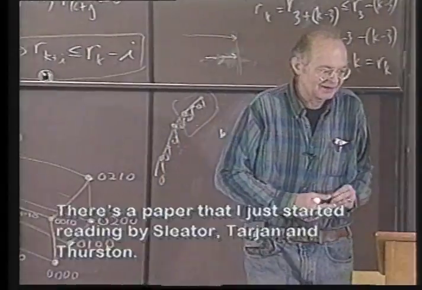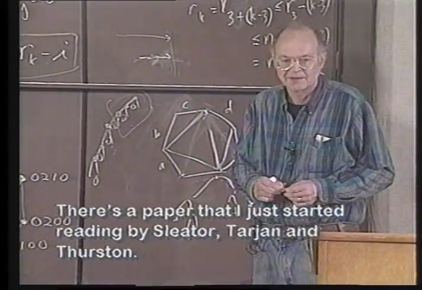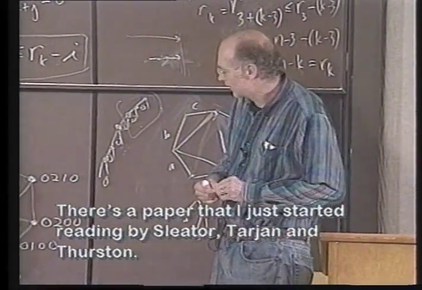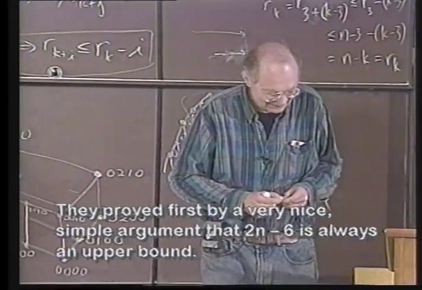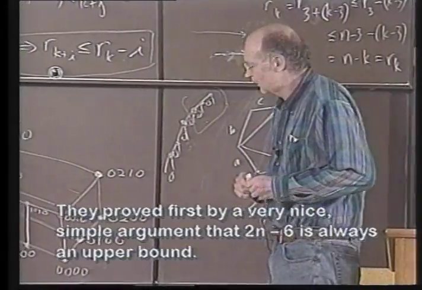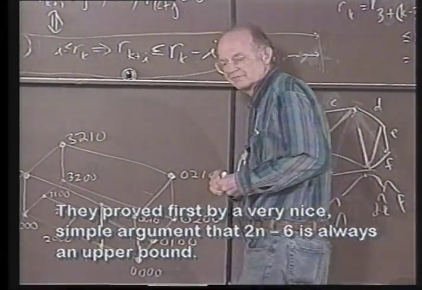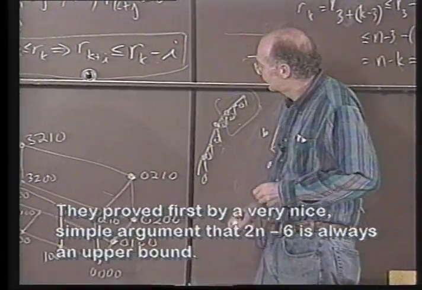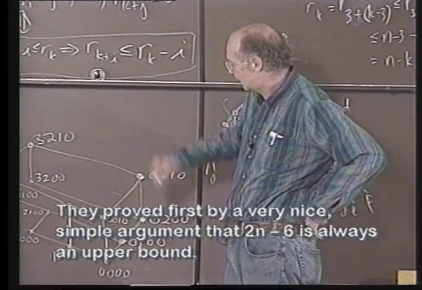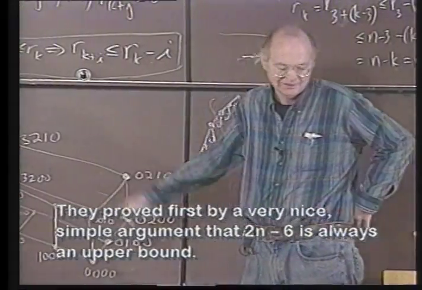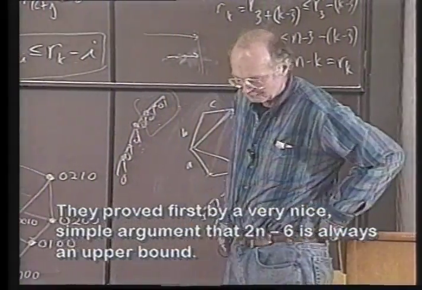But there's a paper that I just started reading a couple hours ago by Sleator, Tarjan, and Thurston, where they proved first by a very nice simple argument that 2n minus 6 is always an upper bound, as long as n is greater than 10.